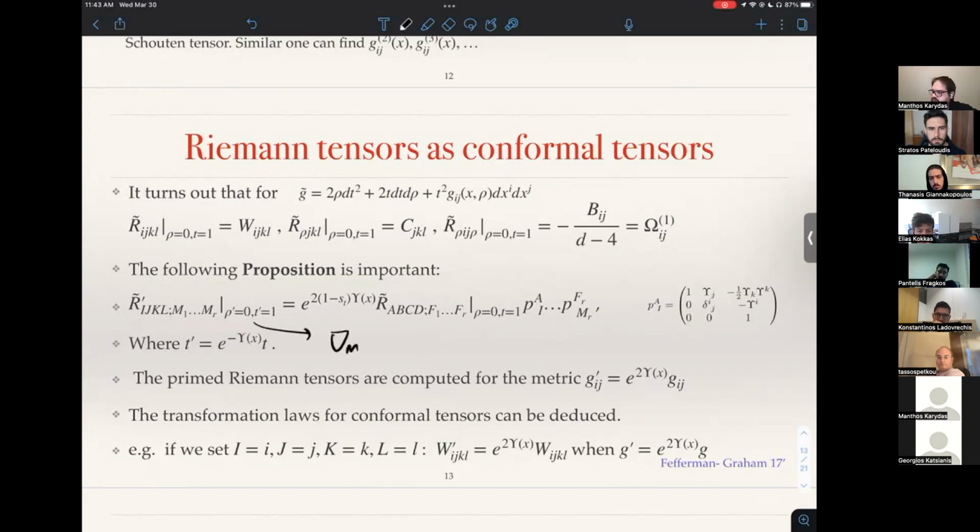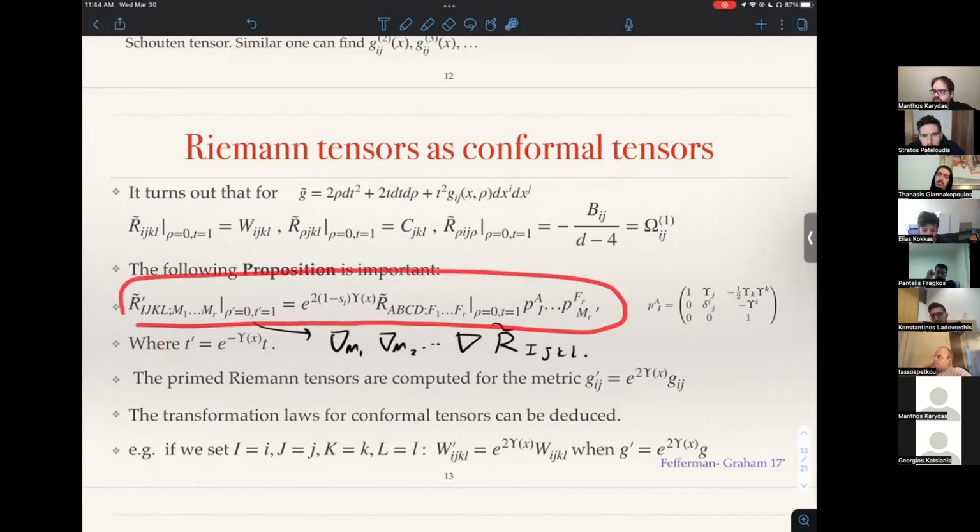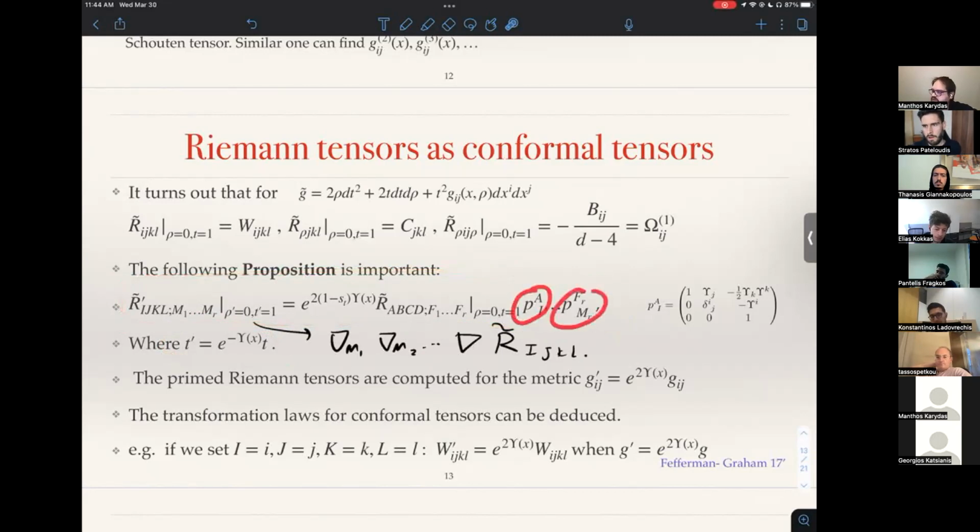So this is basically nabla M1, nabla M2, an arbitrary number of nablas, acting on the ambient Riemann tensor. When we do this diffeomorphism that induces a Weyl transformation, we know how this transforms, and you can prove it transforms like that, where these are these matrices here. This has been proven by Fefferman and Graham, and with this proposition you can show that all these are indeed transforming like conformal tensors as they should.